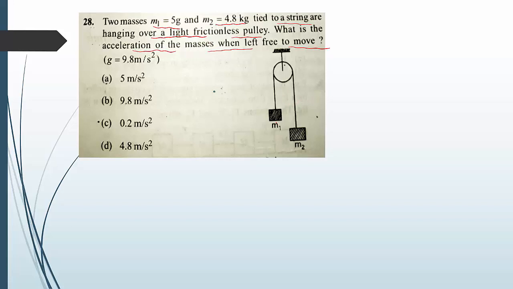The first part you can observe. Here weight of the block is acting downward, W equal to m1g. Tension in the string is created here. For the second part, weight of the block is acting downward, m2g, and tension is created in upward direction, right?